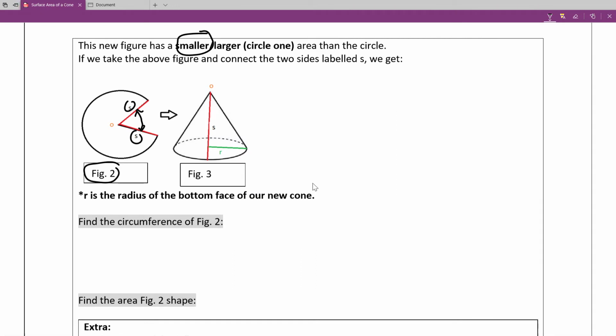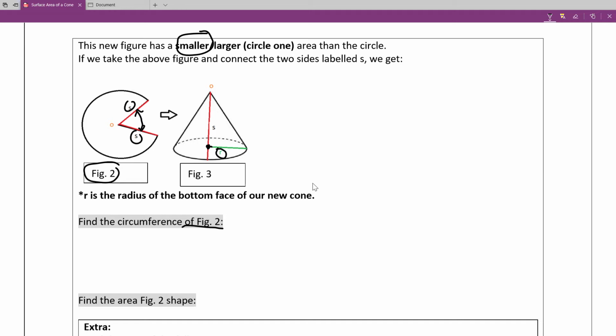When it's turned into a cone, we get a new radius, the radius of the bottom face of the cone. The radius of the bottom face of the cone is given by the variable r. So finding the circumference of figure 2 is the next question.